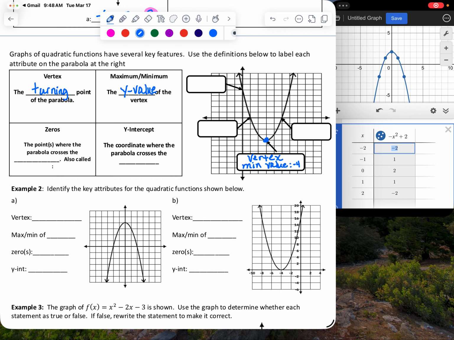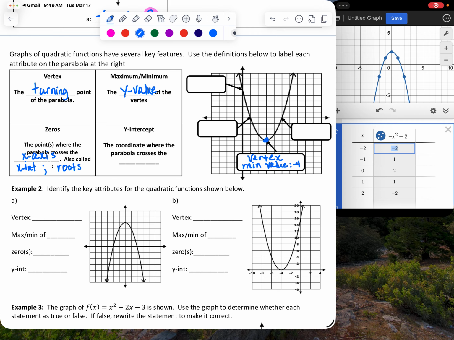A minimum value of -4. The zeros of the quadratic function are the points where the parabola crosses the x-axis. They're also called the x-intercepts or the roots of the parabola.